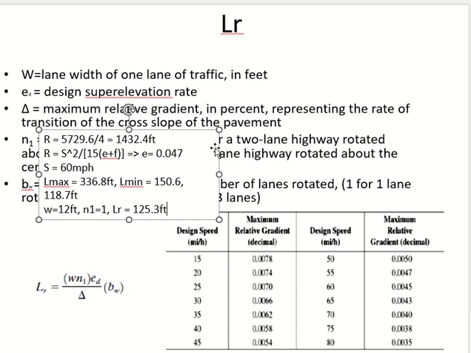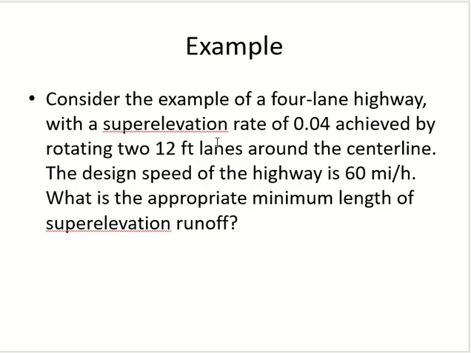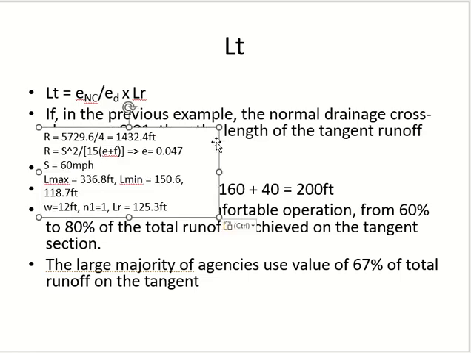Now the third option is to make it equal to the total length of the super elevation. Total length means LR plus LT. LR I already have. This is the equation for LT. My normal slope is 1%. So how much is my LT?